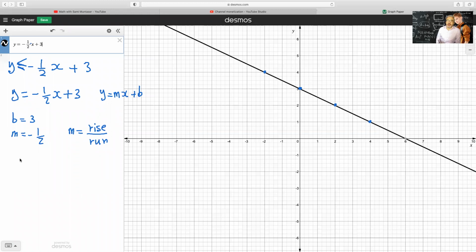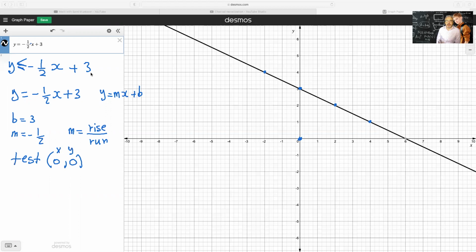So there you go. How do we test? When we're testing, we always test the origin. The origin is this one here, 0, 0, because it's an easier point to work with, so we say test 0, 0. What does that mean? It means we have an x and a y value.